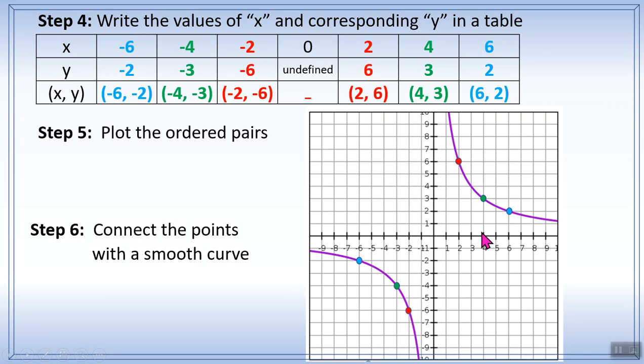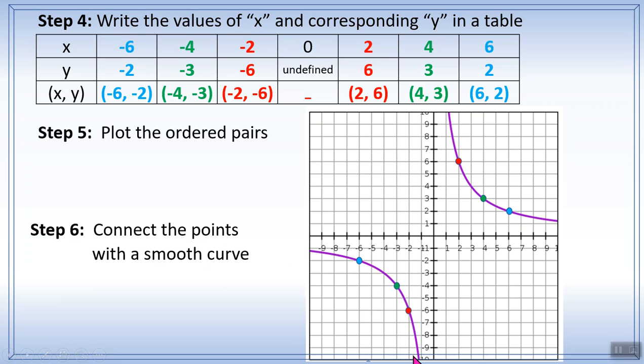Now 4, 3, and negative 4, negative 3. And negative 6, negative 2, 6, 2. Look here, then in step number 6 we connect the points with a smooth curve.